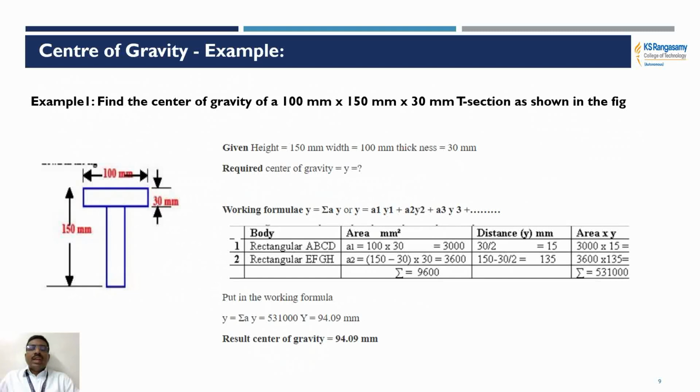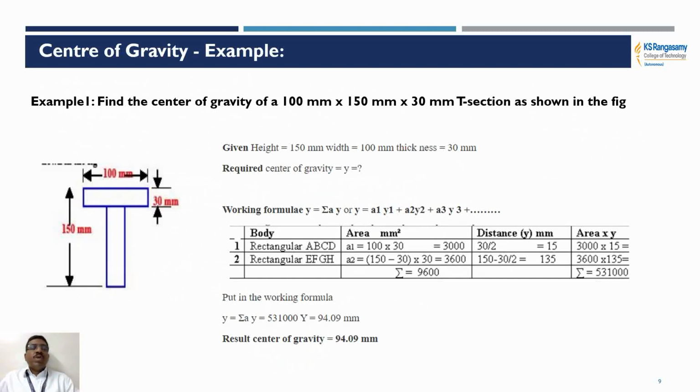We consider the reference line axis, here taken from the top. So for the flange portion, y1 is 30 divided by 2, which is 15 mm. For the web portion it is 150 minus 30 divided by 2, which is 135 mm.